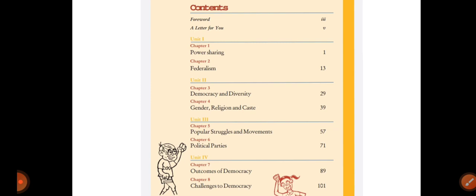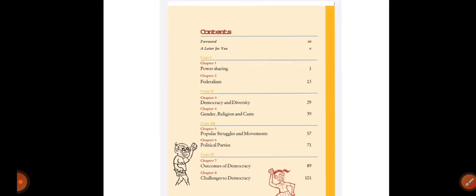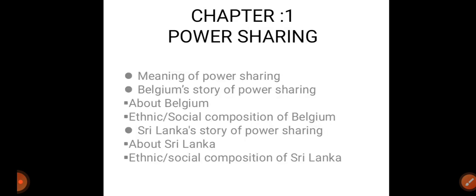So these 5 chapters are to be read for the board examination, but we also have to read the other 3 chapters for the internal examination. I hope this is clear to you, what we have to read in political science in class 10, right?